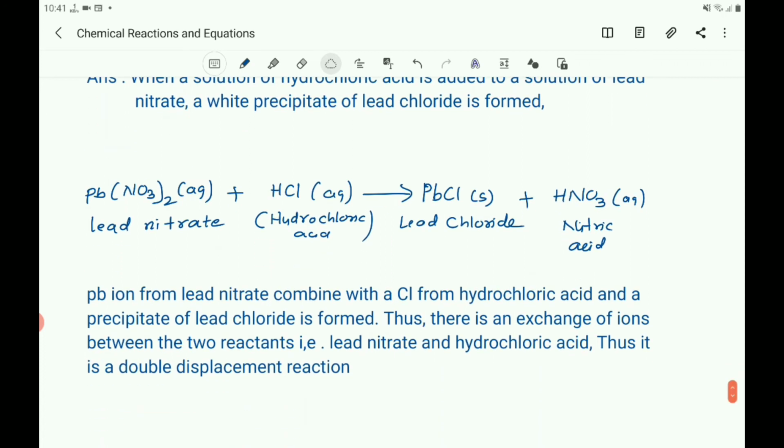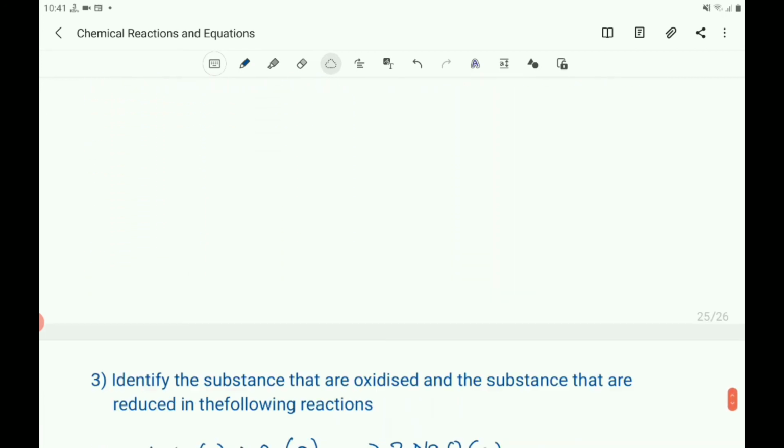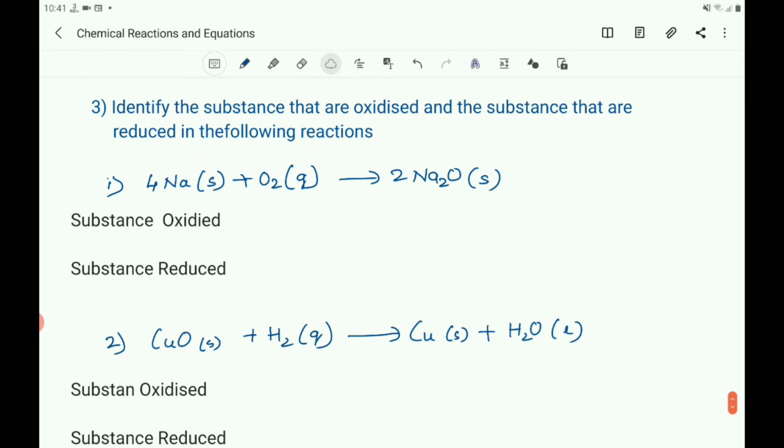Next, let us take the third question. Identify the substances that are oxidized and the substances that are reduced in the following reactions. First one is 4Na plus O2 gives 2Na2O.